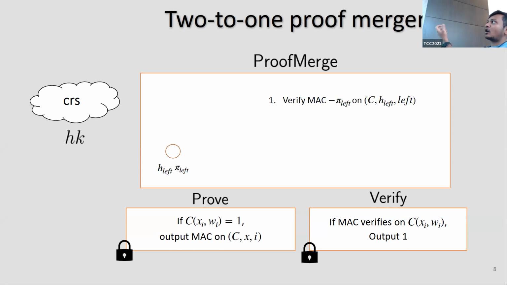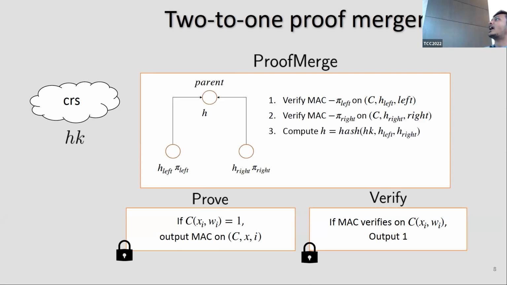It verifies the MAC on this left node, and it verifies the MAC on this right node. It hashes them using your 2-to-1 hash function. Then, if all of these verification steps are correct, it outputs the MAC pi on this merged node, which we'll call the parent node.